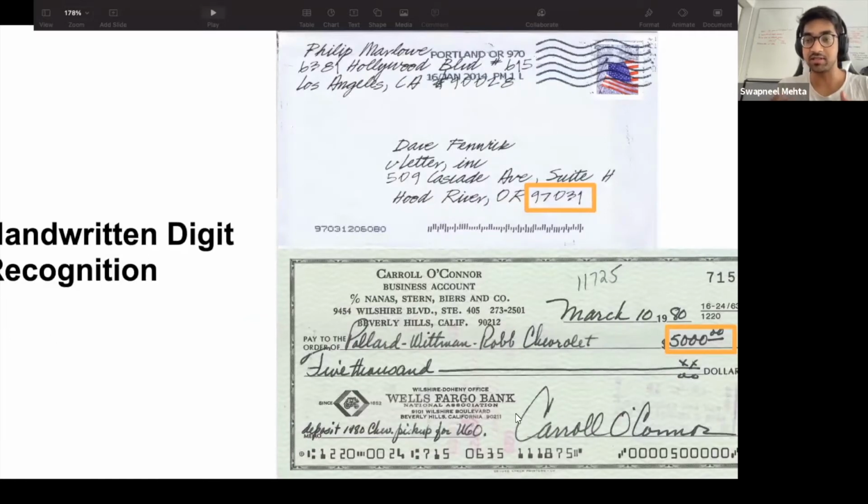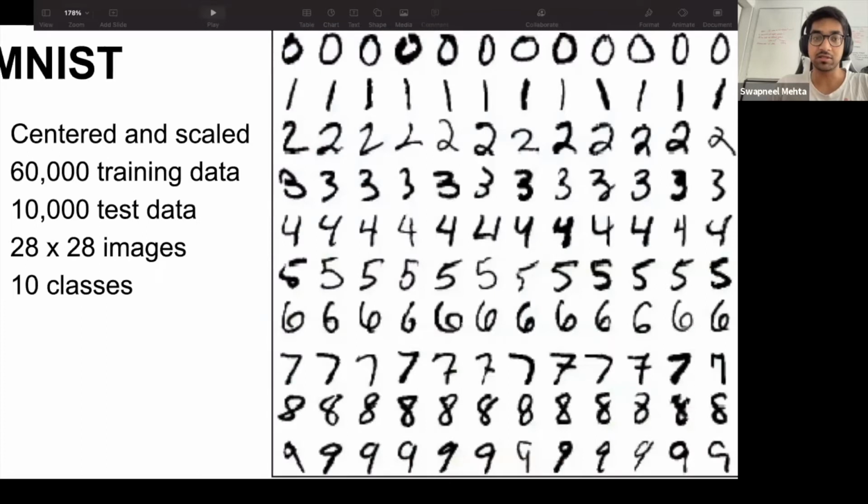So stuff that is written on checks and postcards, and someone created this data set that they called MNIST. And the idea behind MNIST was, okay, if we have to do character recognition, why not just create a data set of characters and then create a set of 60,000 training items and 10,000 test items. These are very simple 28 cross 28 images.